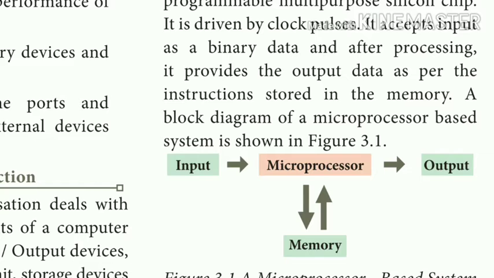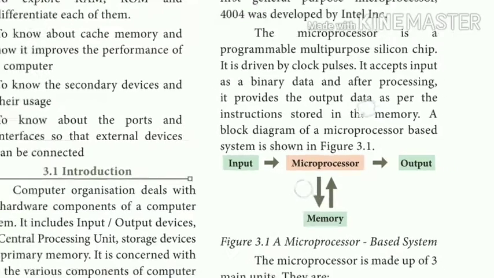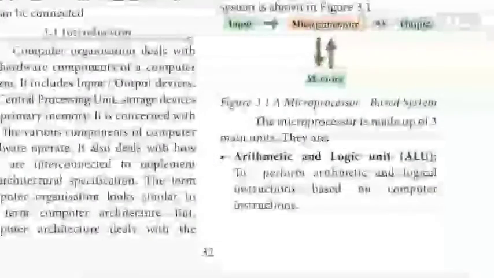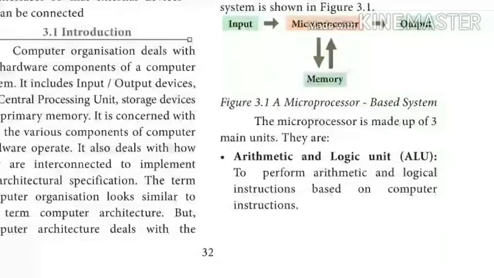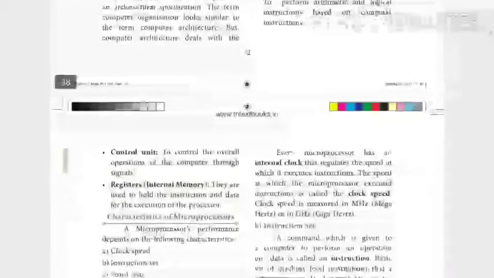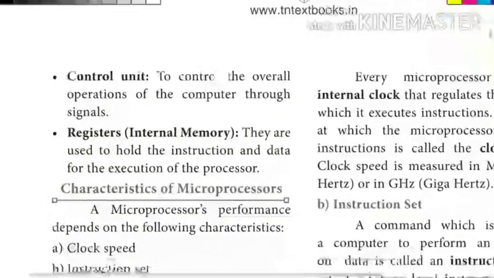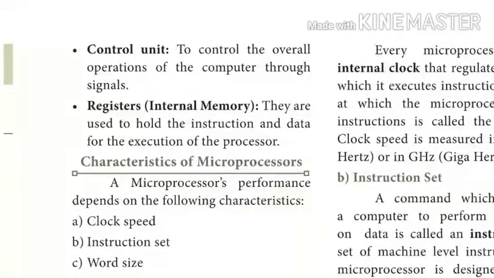Okay, so most of the controlling processing and most of the calculation work is done by using this ALU. So a microprocessor is made up of three main units. They are the arithmetic and logical unit, control unit, and register.